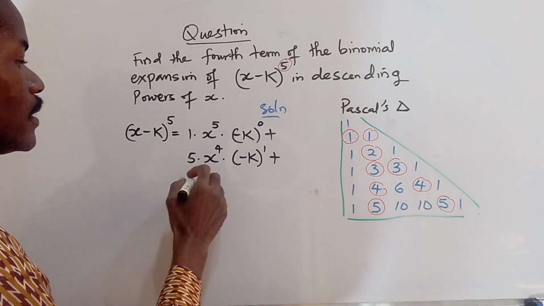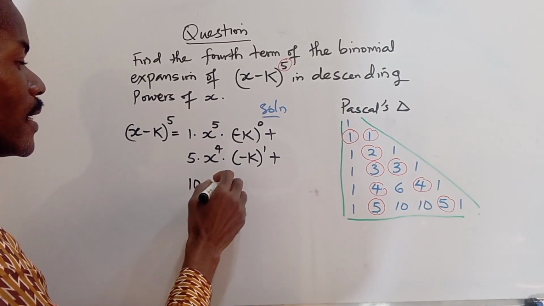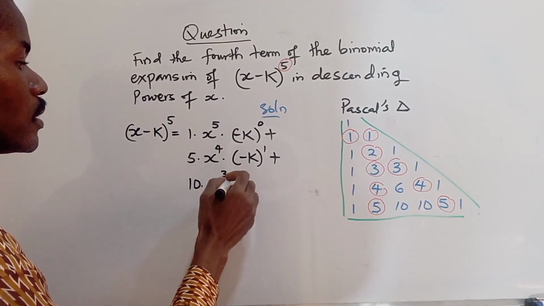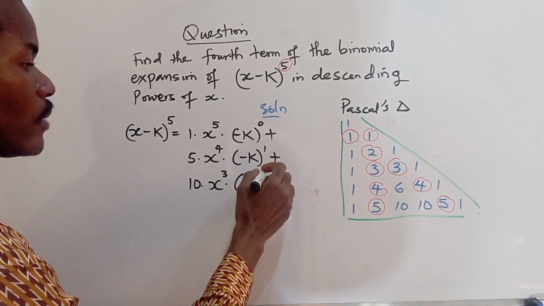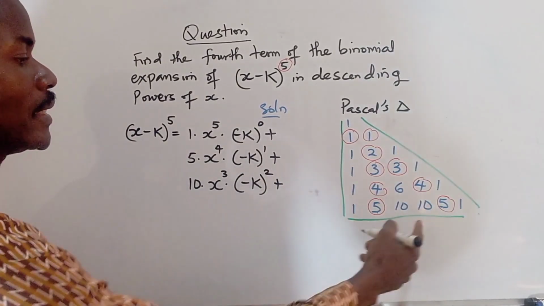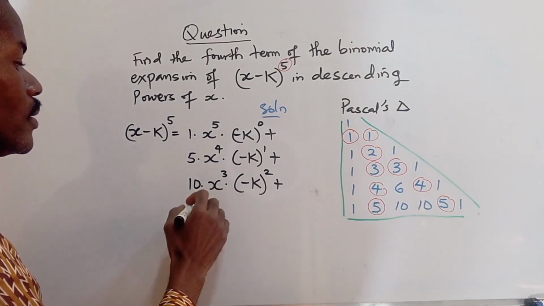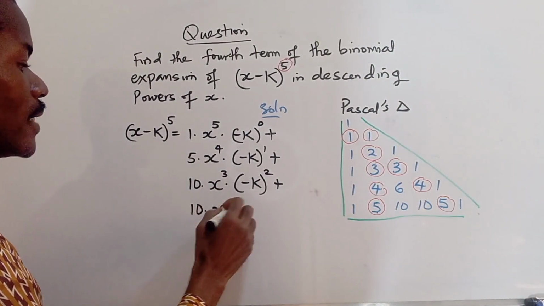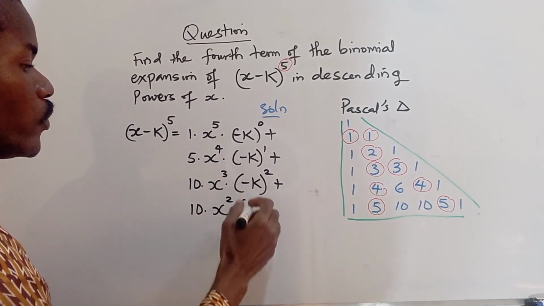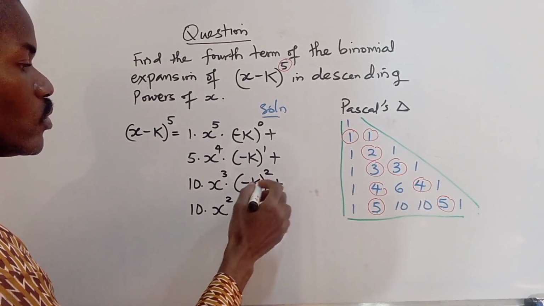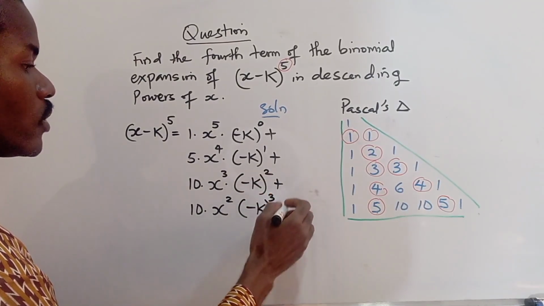Plus, the next coefficient is 10, multiplied by x, which reduces by 1 to 3, and this increases by 1 to 2. Plus, our next coefficient is 10, multiplied by x, which reduces by 1, so it's 2, and we have minus k, which increases by 1 to 3.